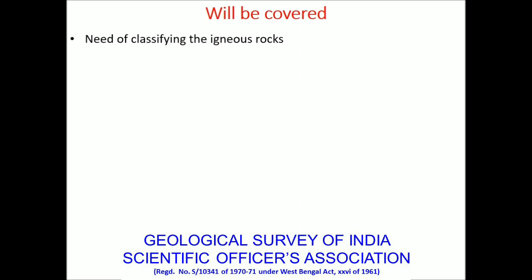covering the need of classifying the igneous rocks, what is the need, why it has to be classified.